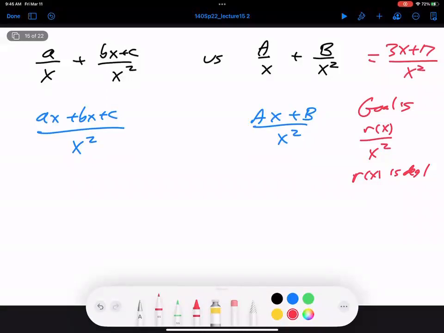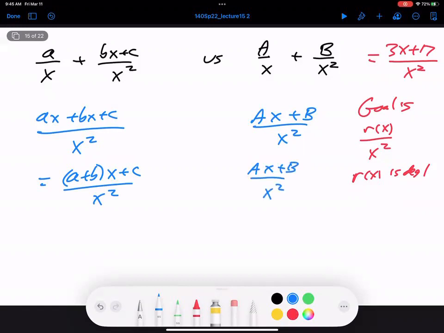If you look at what's going on, in this case, we get (A plus B)x plus C over x squared. This is still ax plus b over x squared. So now we get A plus B equals 3, C equals 17. Here we get a equals 3 and b equals 17.